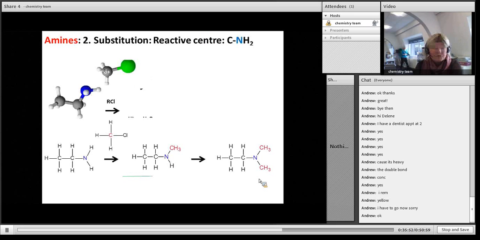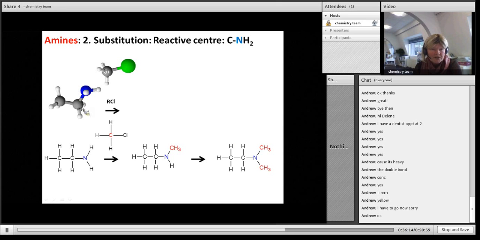So that was where it's reacting as a base. Now we're looking at it as a substitution reaction. We're not looking at anything substituting onto the carbon, because this carbon isn't that positive, since nitrogen doesn't mind sharing its electrons. It might be quite electronegative, but it doesn't mind sharing its electrons.